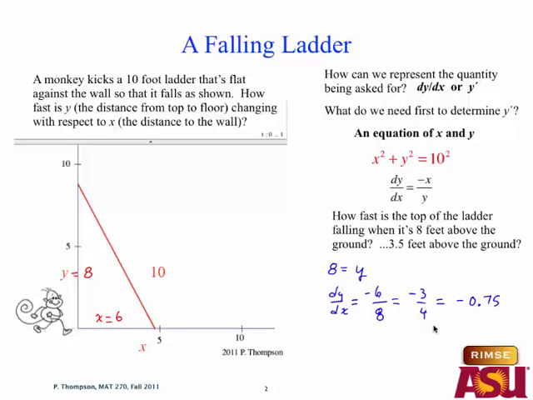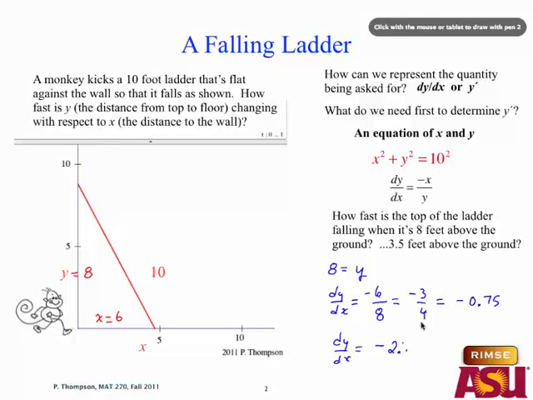What did you get when it was 3.5? Negative what? 2.7. One more decimal place, how about? 2.68. Someone else get that?